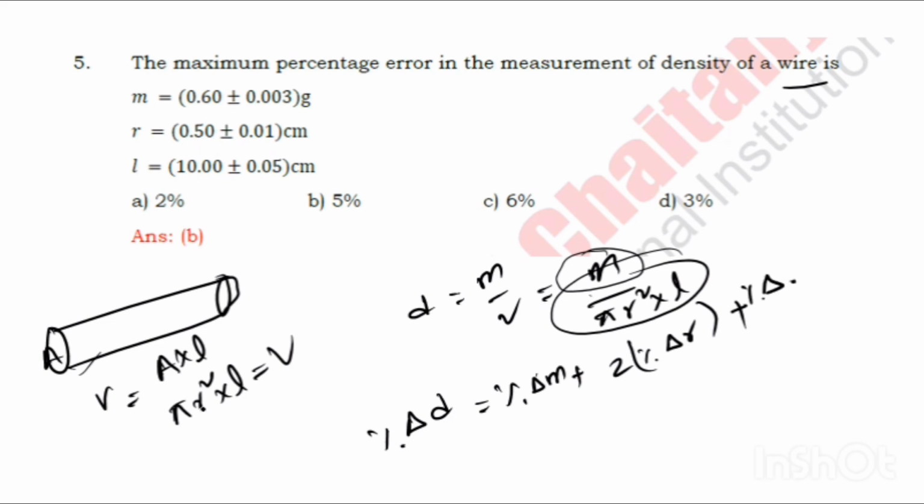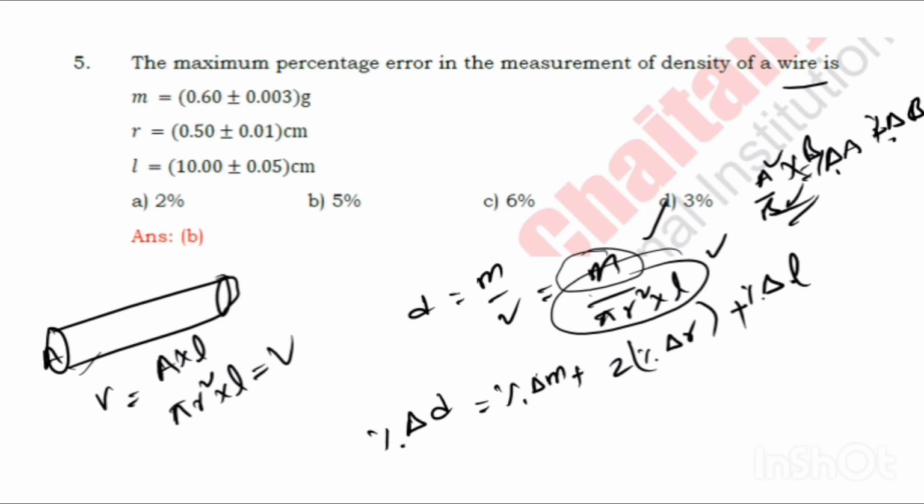In multiplication or division, A by B, the percentage error in A by B is equal to percentage error in A plus percentage error in B. In multiplication also, A into B, that is percentage error in A plus percentage error in B, because we are calculating maximum possible errors, so we are adding, right?